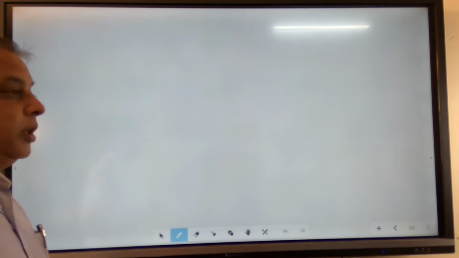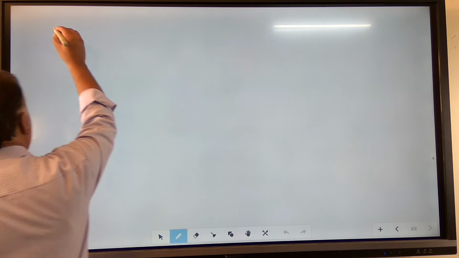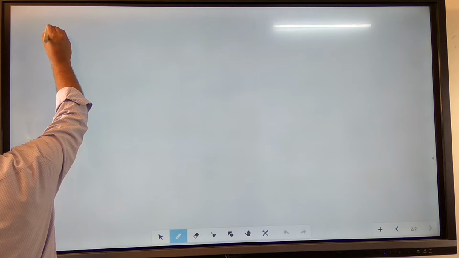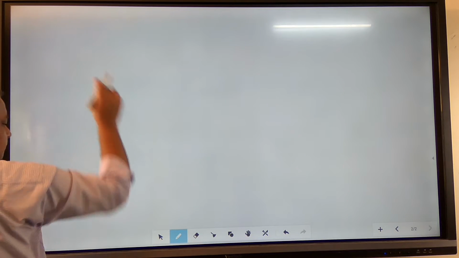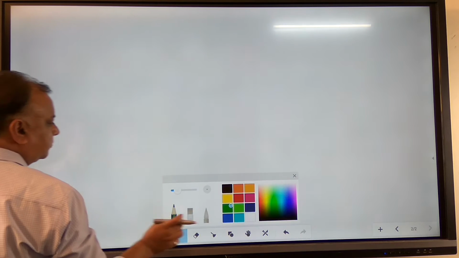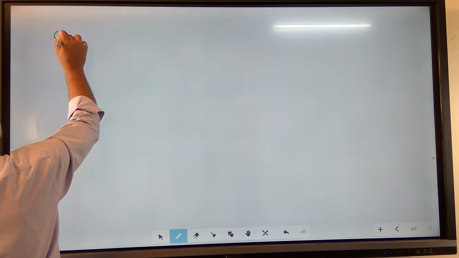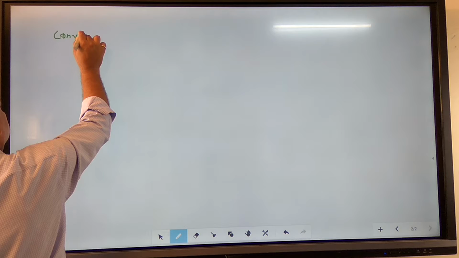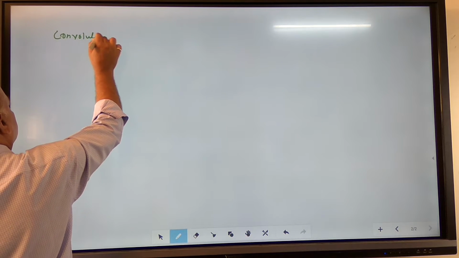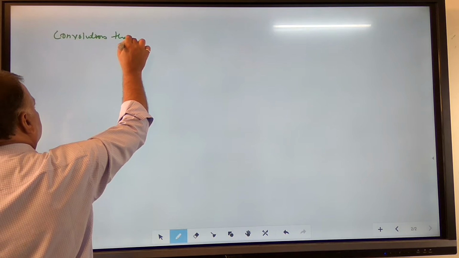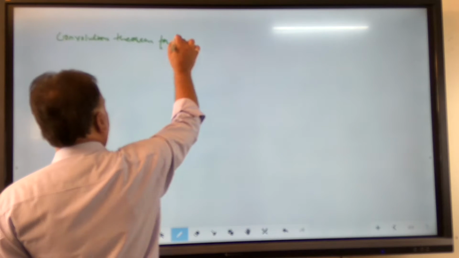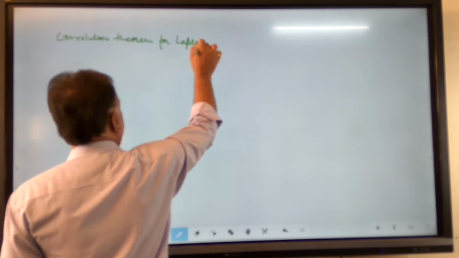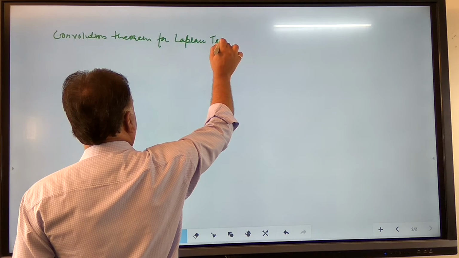Now we move on to the important property which is known as the convolution theorem for Laplace transform.